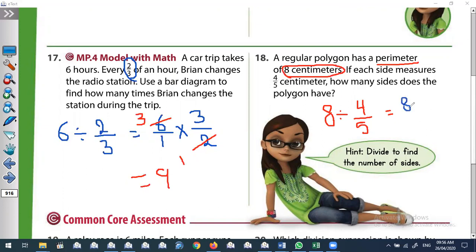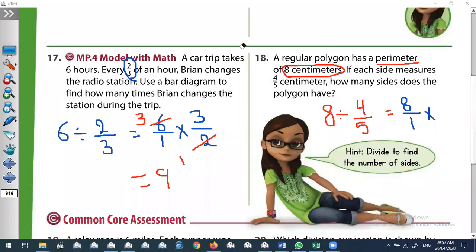8 will be 8 over 1. Change, flip. Sorry, it will be 5 over 4, not 4 over 5.